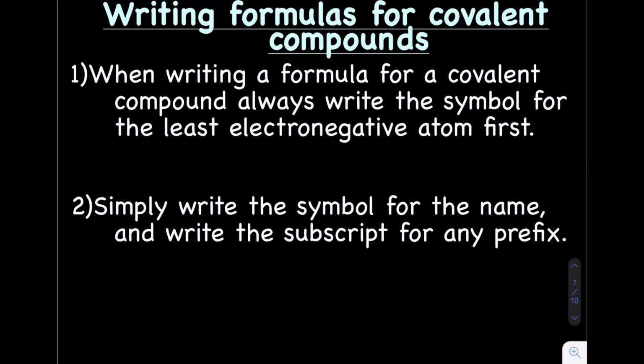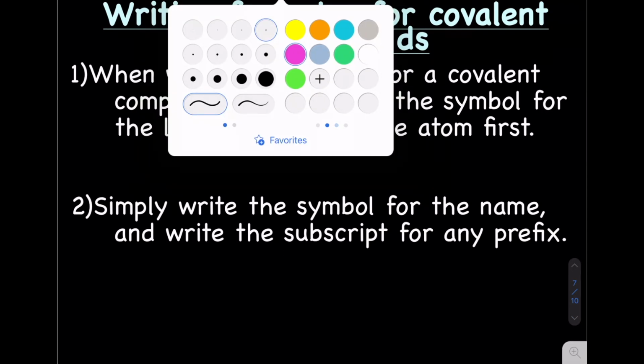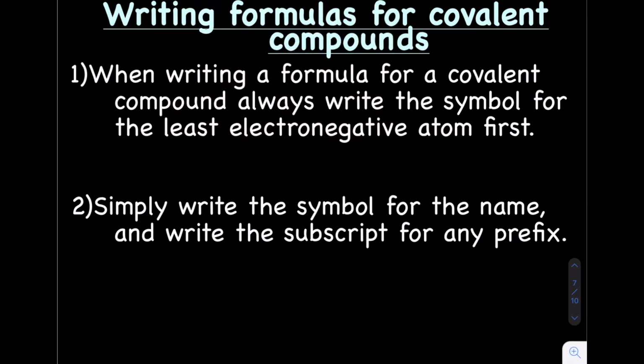So writing formulas for covalent compounds, which is actually quite easy because of the prefixes. It makes it super easy. So when writing a formula for a covalent compound, always write the symbol for the least electronegative atom first. Again, I will give these to you in order, so don't worry about that. So really, when writing a formula, all you have to do is write the symbol from the periodic table for the name and write the subscript for any prefix.